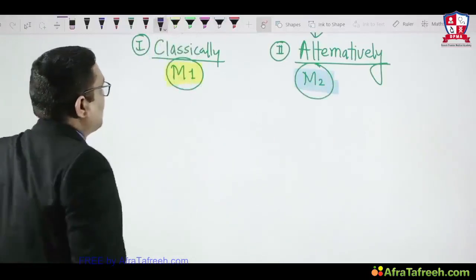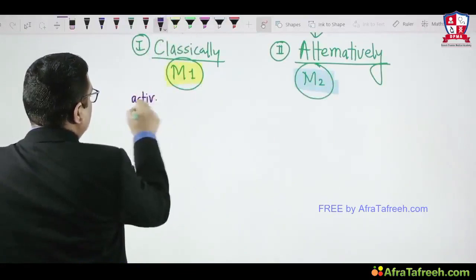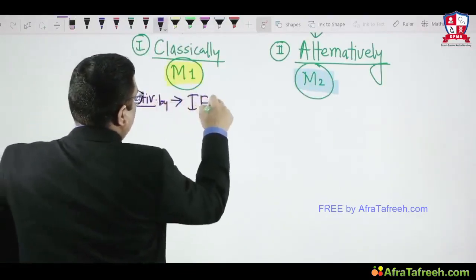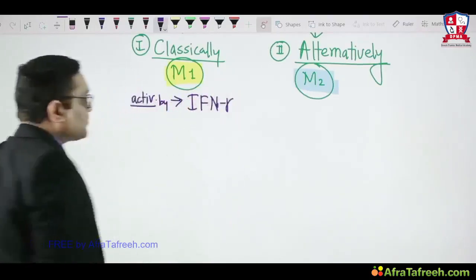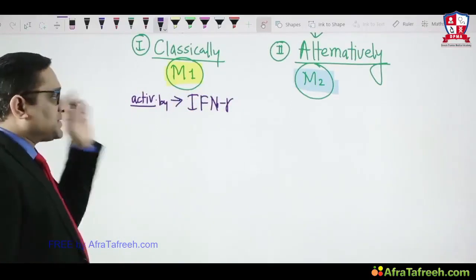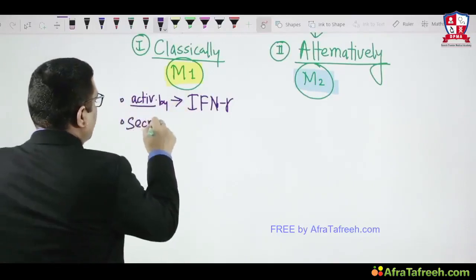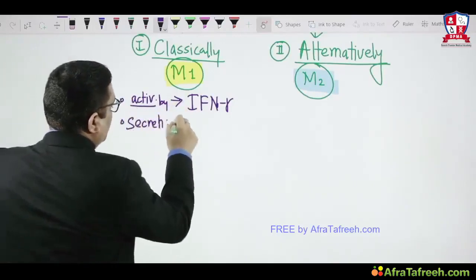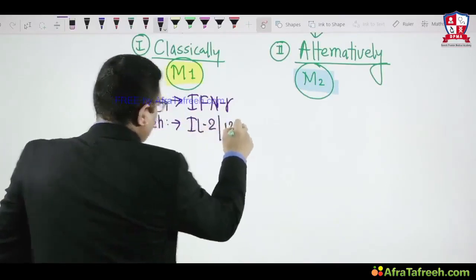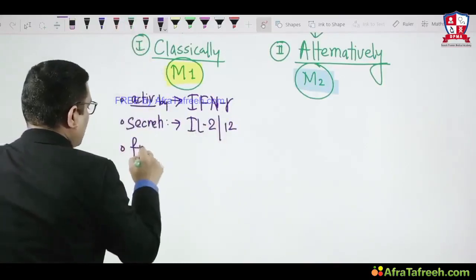For the M1 macrophage, activation is done by the cytokine interferon gamma. Once classically activated macrophages are activated, they secrete interleukin 2 and interleukin 12. What is the function of this classically activated macrophage?